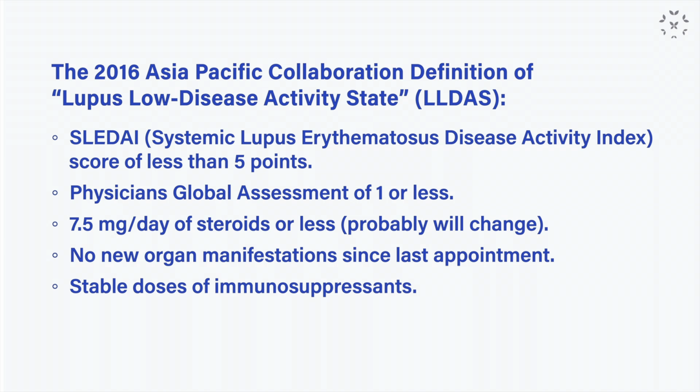And the SLEDAI stands for Systemic Lupus Erythematosus Disease Activity Index, and it's a tool that we use for research purposes that defines how severe someone's lupus is. And it's a point system. The more points someone has for active inflammation, the higher their points, the more severe their disease is at that particular moment.